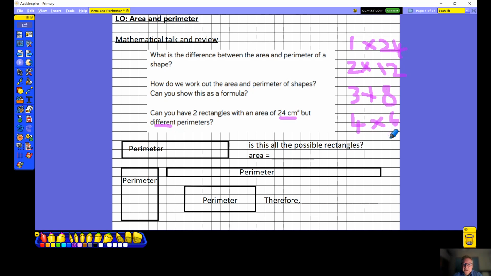No. 10? No, can't be. 11? Nope. 12? Yep, we've already got that. So these are the factor pairs.